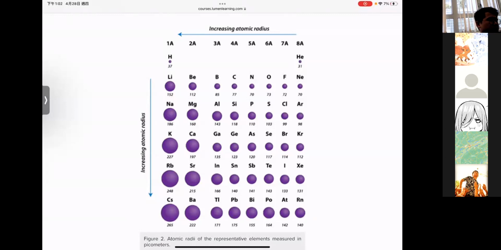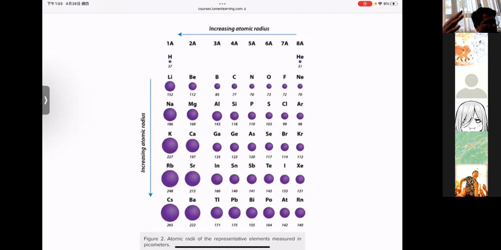Now, how about down the group? Down the group, why would atomic radius increase? More occupied electron shells. Yes, more occupied electron shells. So the shielding is more obvious. Remember, we have the primary shielding, between the electrons in the inner shells and outer shells. That type of screening, that type of electron repulsion, is more significant.